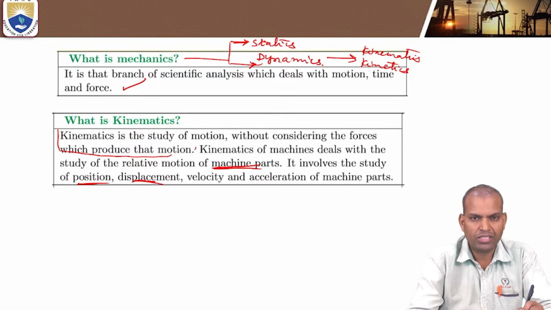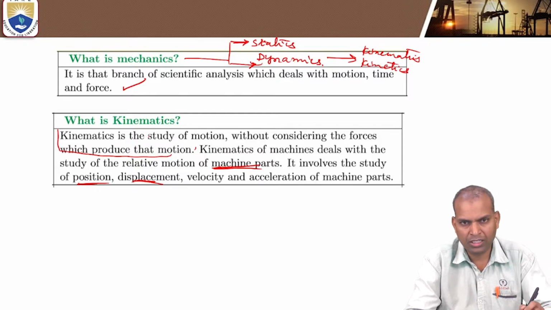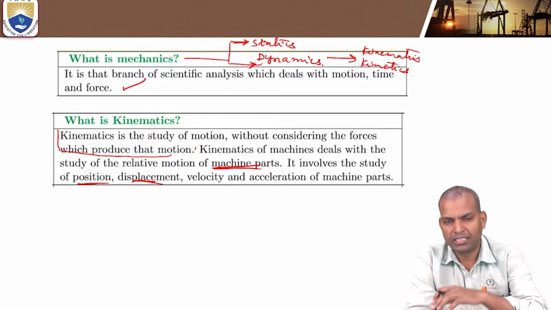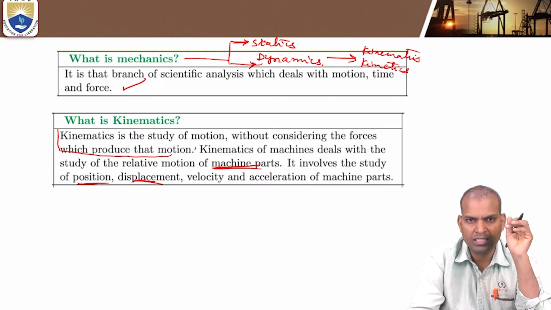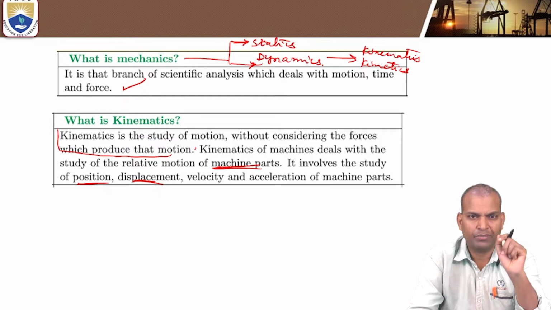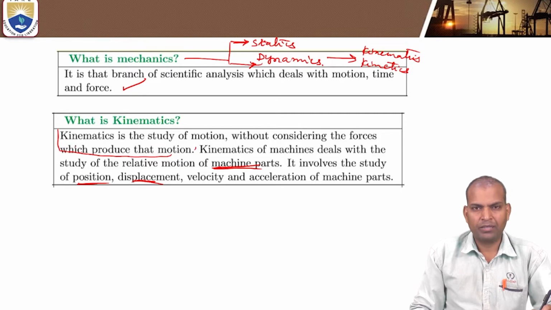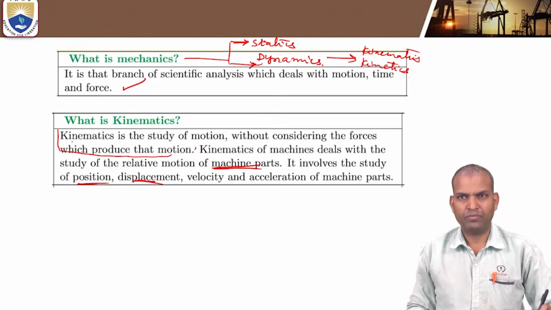Number one, relative velocity method, and the second method is instantaneous center method, the I center method. The third one is called acceleration diagram. We will do acceleration analysis by using acceleration diagrams, also by using relative method of graphical methods. Graphical method will apply here. That is what is kinematics and what is kinematics of machines.